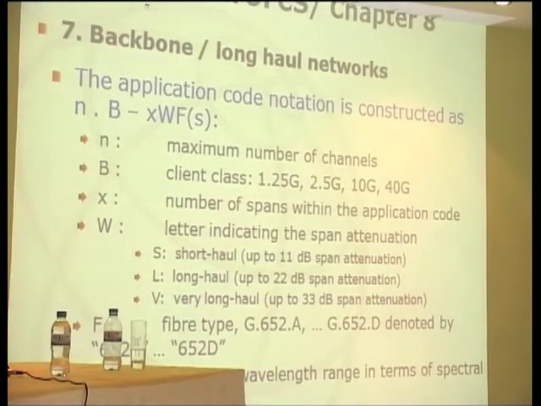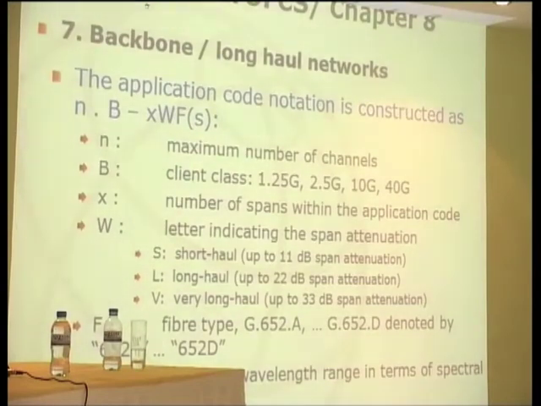N is the maximum number of channels, so that it could be 40.40G, which means 40 channels at 40 gigabit per second, dash 5 spans.